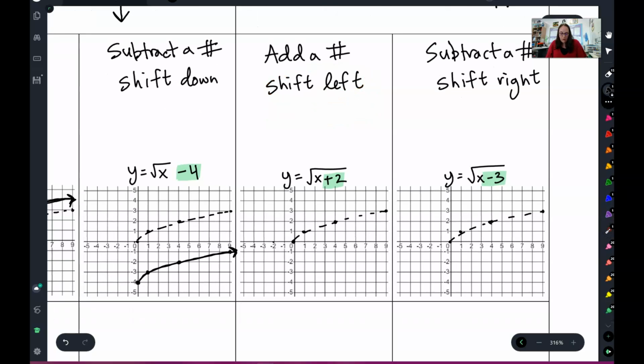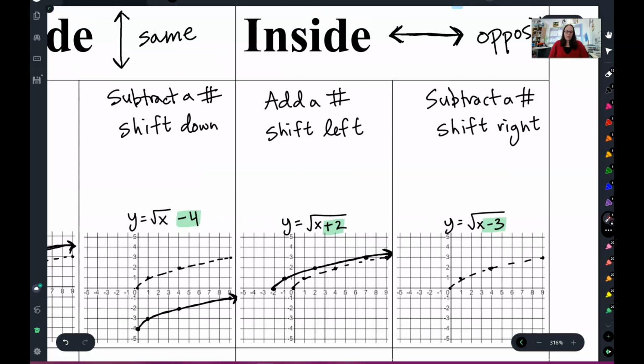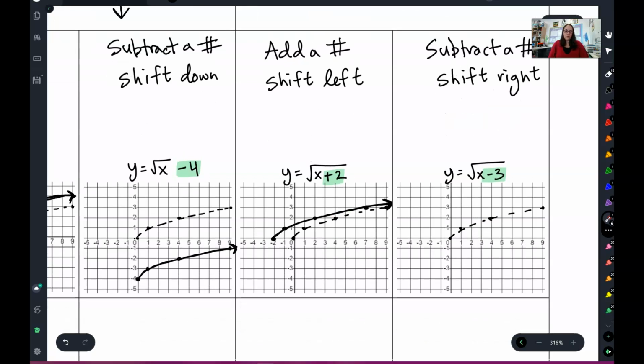So I'm going to move all these points left 2. Notice that this moving left is only affecting the x values. The y values are staying exactly the same. And over here, I'm subtracting 3. So I'm subtracting a number on the inside. So that means I'm going to shift the entire graph right 3.